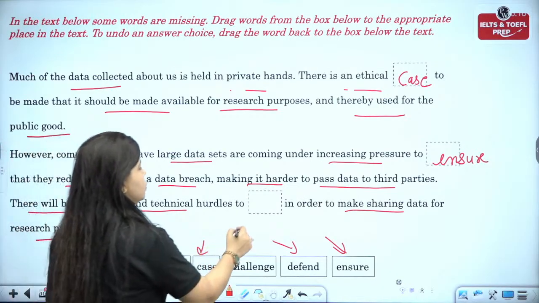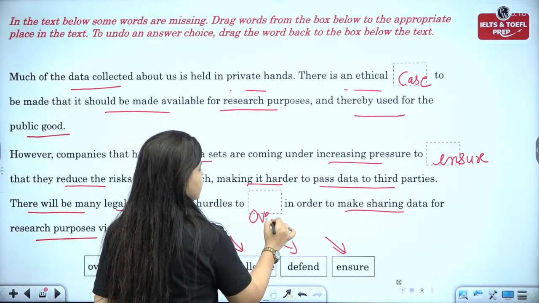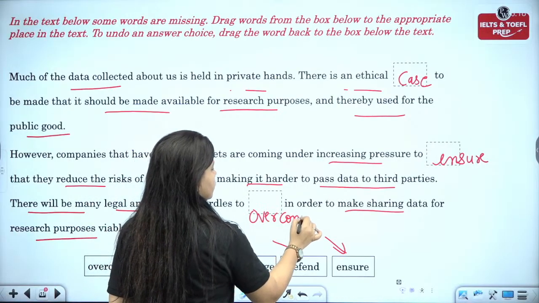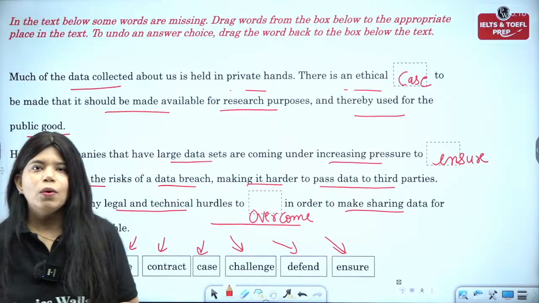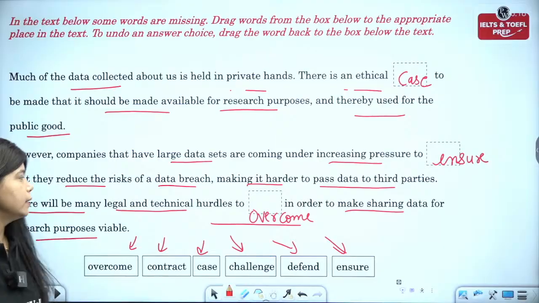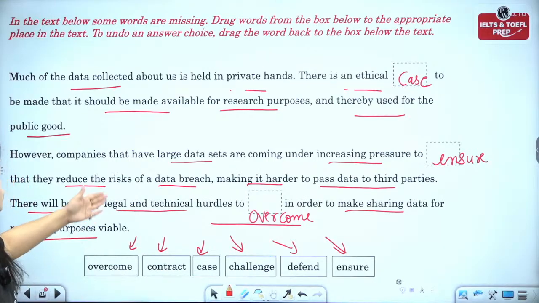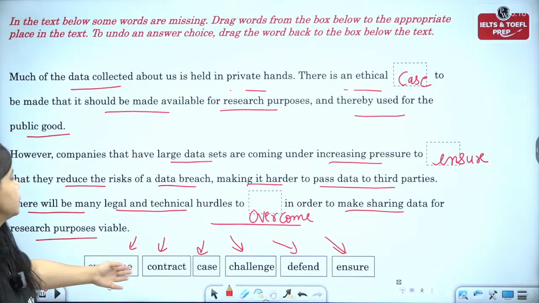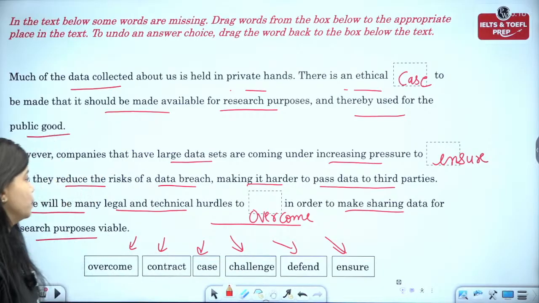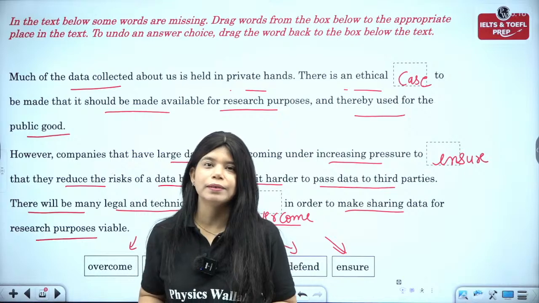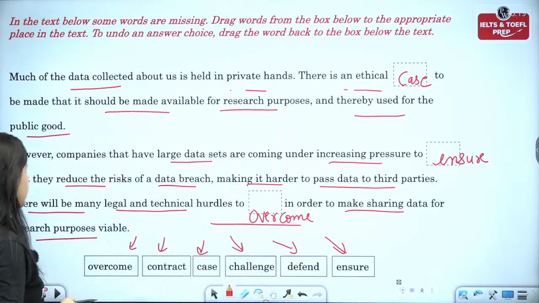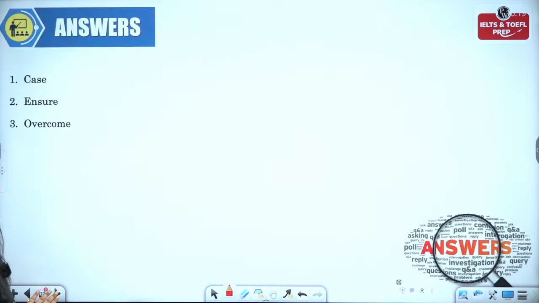So, hurdles to overcome. That's again a collocation. Hurdles to overcome. All right. So, that was the second practice exercise. And once again, just for these three answers, we were given 6 options. 3 extra were thrown at us as distractors. Let's move ahead and get done with the final exercise for the day.